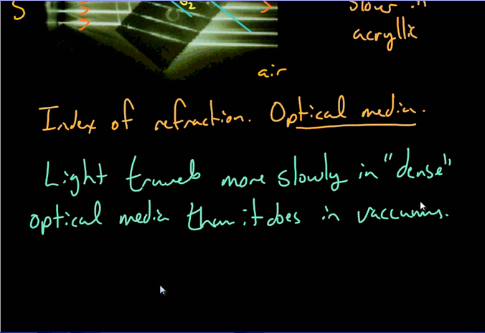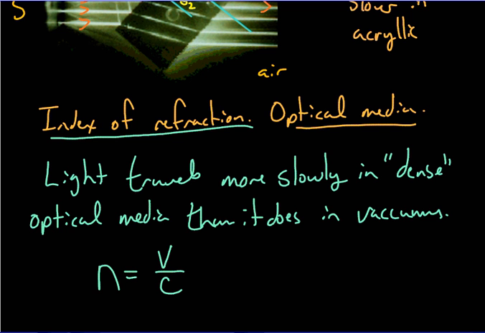Okay? And optical media are defined an index of refraction based on the following fraction. N equals V over C. And let's just fix this. Sorry, I just realized I wrote this upside down.